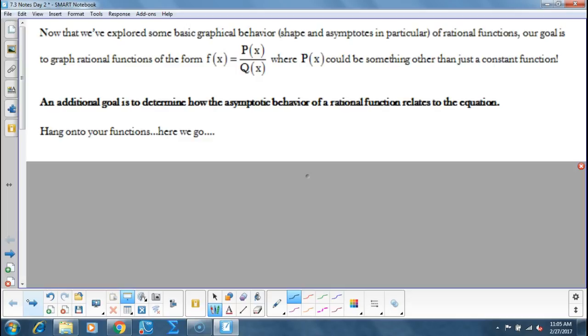Okay, so now that we've explored some basic graphical behavior of rational functions, we're going to develop certain things. So far we've found domains, ranges, and vertical asymptotes, and then Thursday of last week, we started finding horizontal asymptotes.